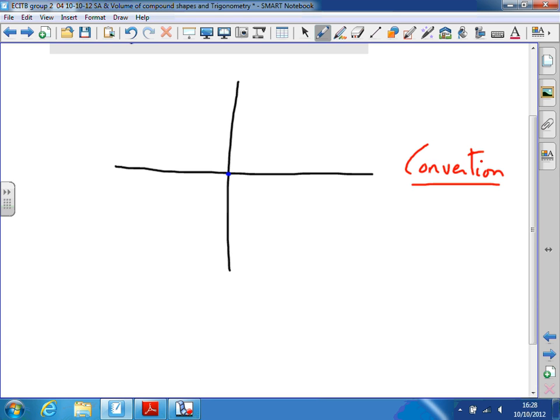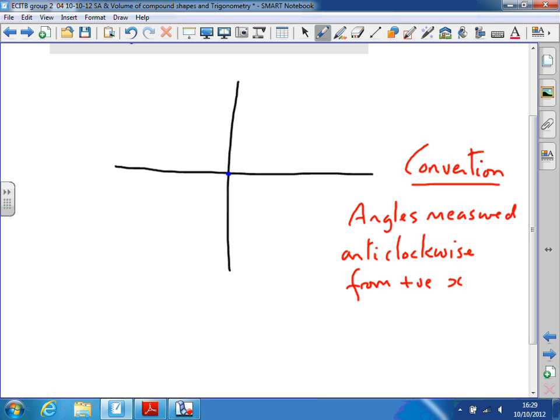And the first thing I'm sure you're aware of is that by convention, so this is my convention that I'm going to use, angles are measured anti-clockwise from the positive x-axis, which is this axis here. So I'm going to start at that positive x-axis and go round 35 degrees, and that's where my force is going to be.